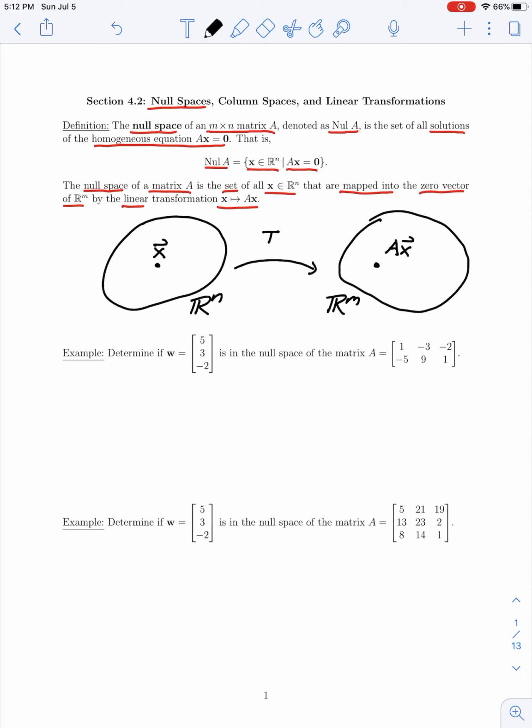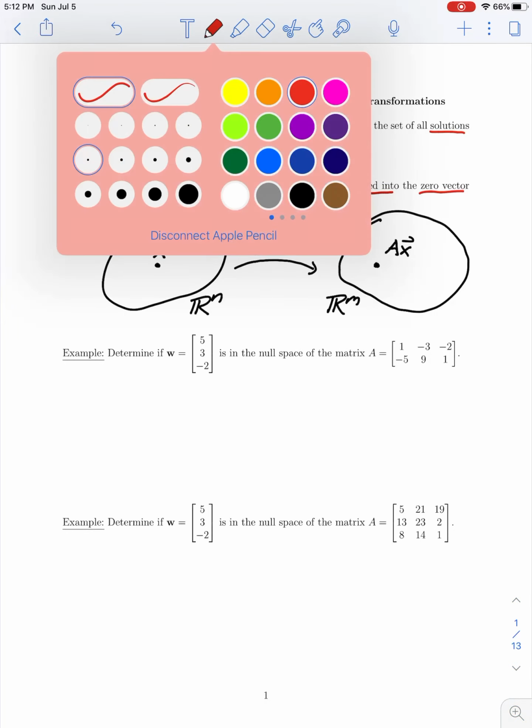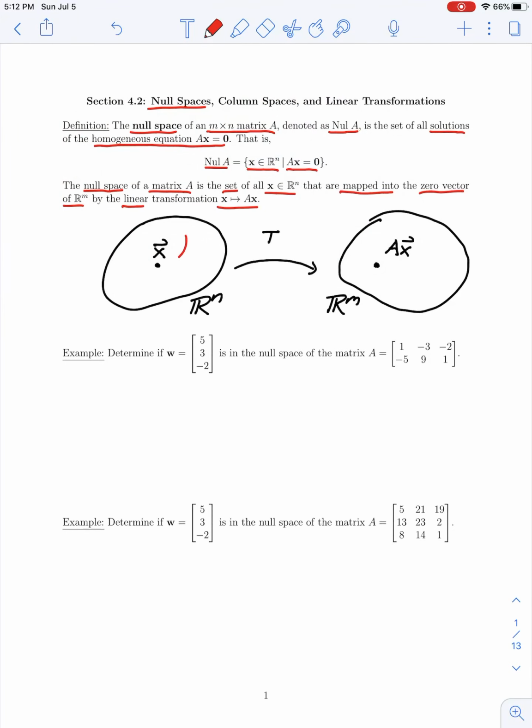The null space would be the subset of Rn, so some space within Rn, where these vectors are mapped into the zero vector of Rm. So the set of all vectors in Rn which are mapped onto the zero vector of Rm is called the null space of a matrix.